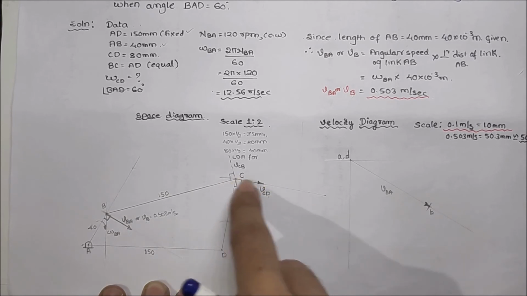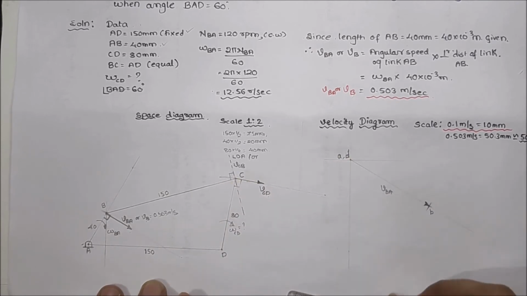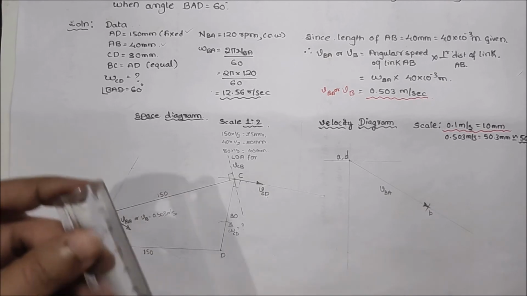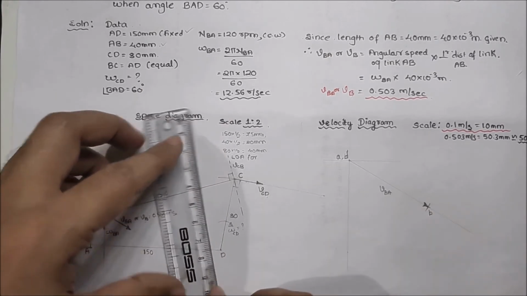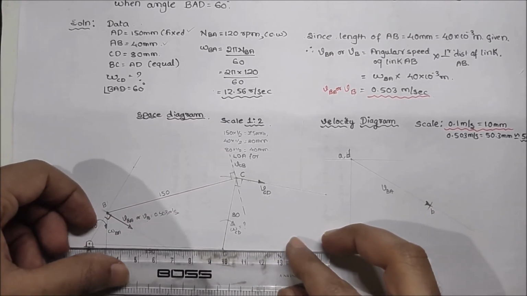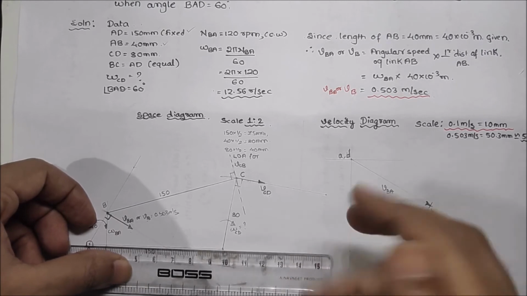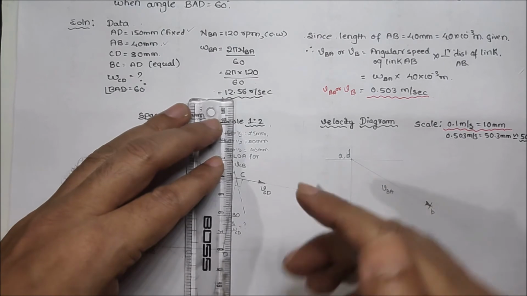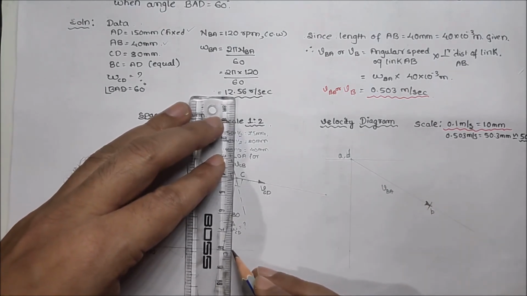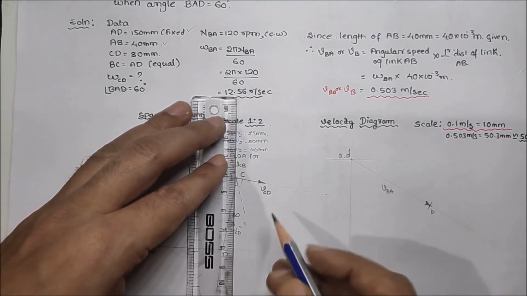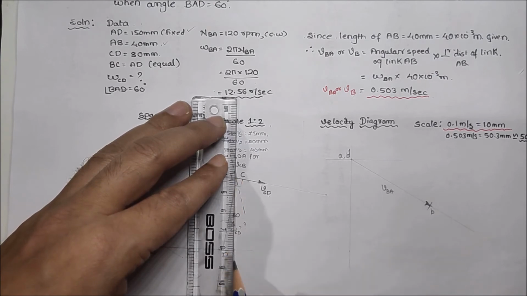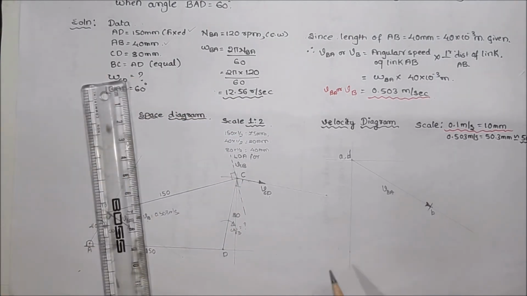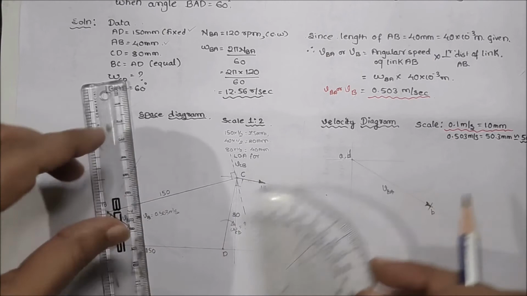So can we bring this direction here? Yes, we can. How to get it? Again, what we followed here is, just go here, then keep your protractor here, draw a line, then measure this angle.